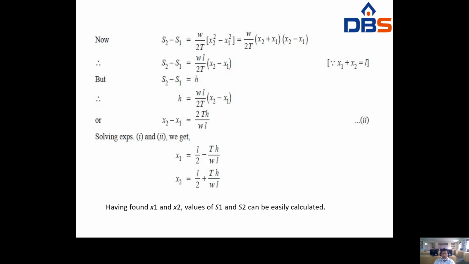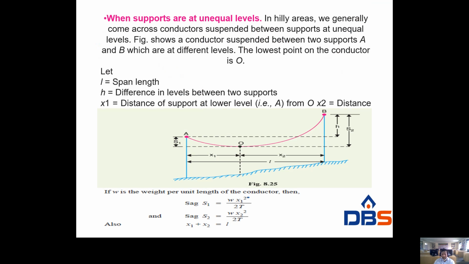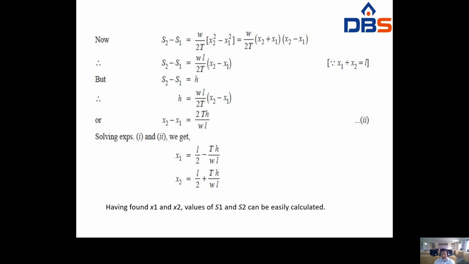We know equation 1, that is x1 plus x2 is equal to L, and equation 2, x2 minus x1 is equal to 2TH by omega L. Now solving equations 1 and 2, by adding these two, x1 cancels and we get 2x2 is equal to something, and from that we can determine x1 also.